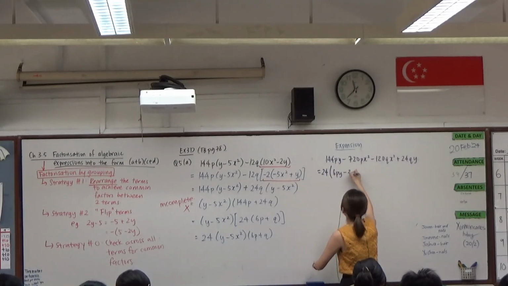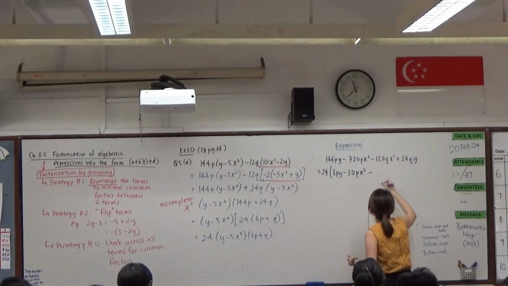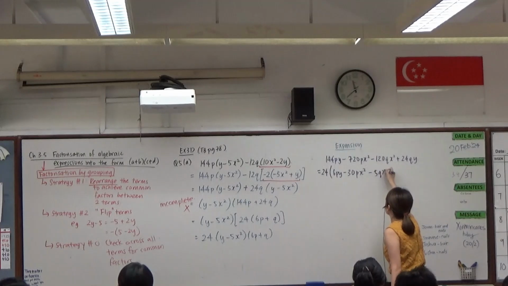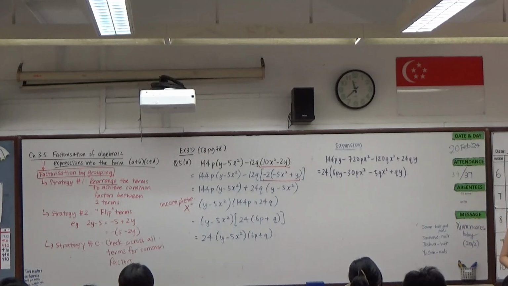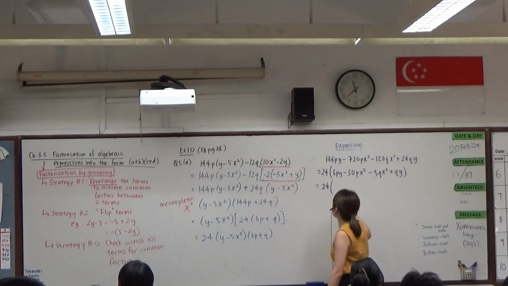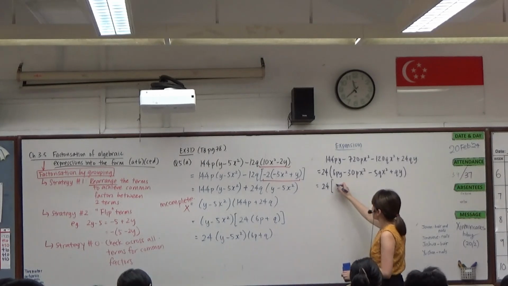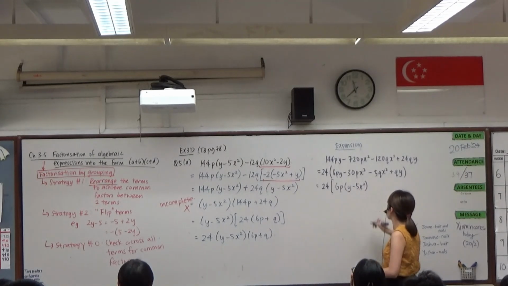Then you will be able to get 6py minus 30px squared plus qy. Then after that we do our pairing. Between these we have a common factor of 6p, y minus 5x squared.